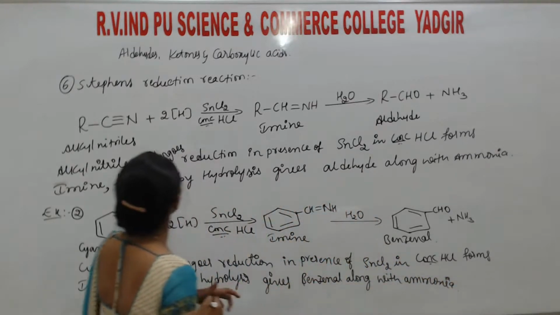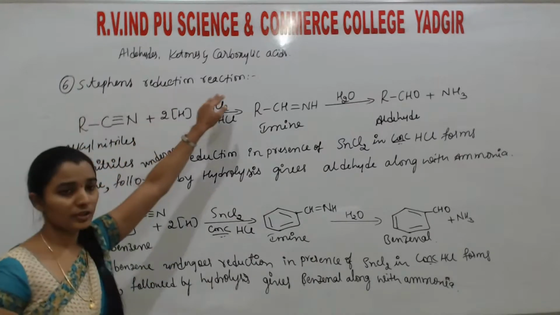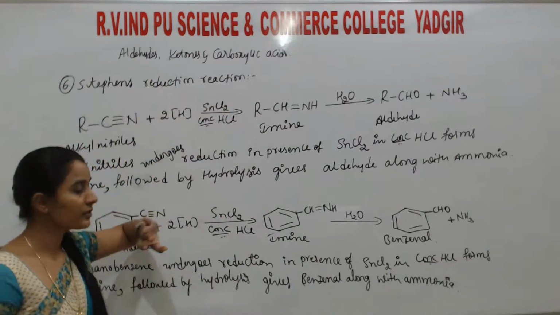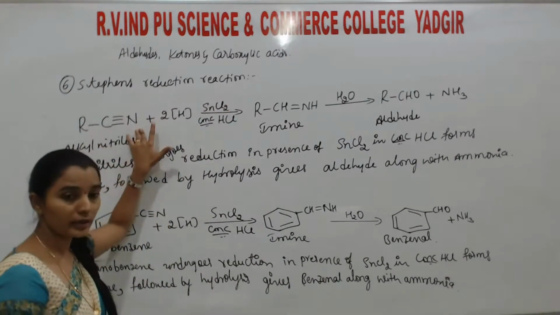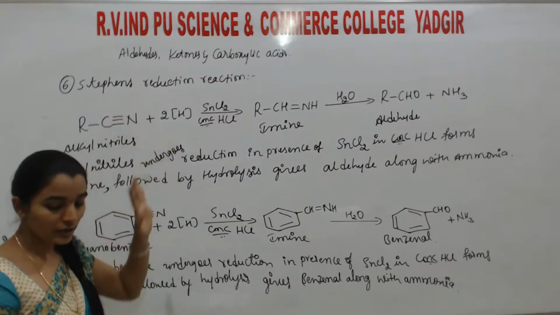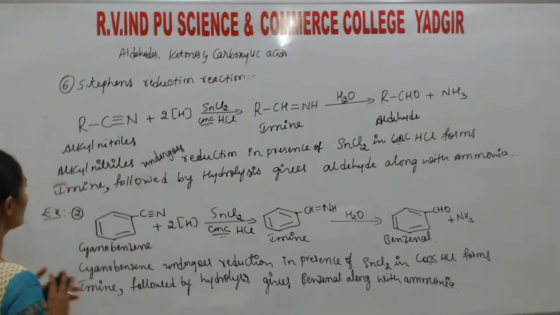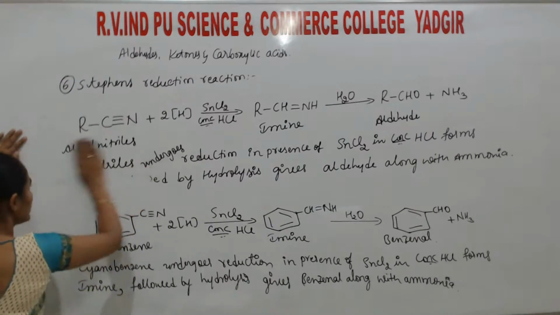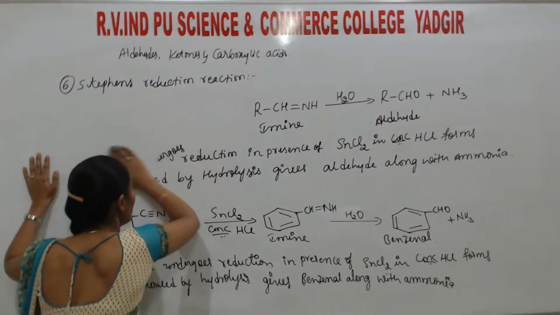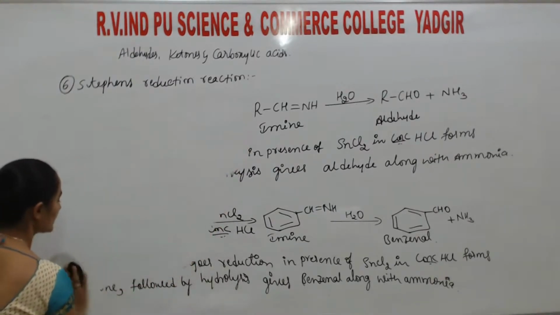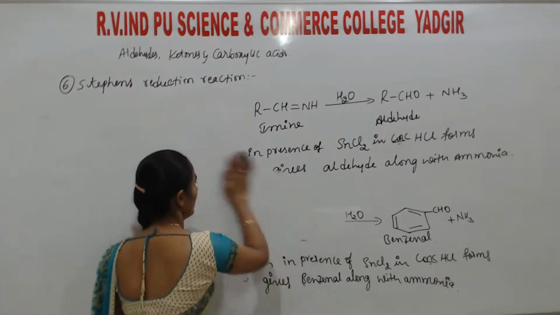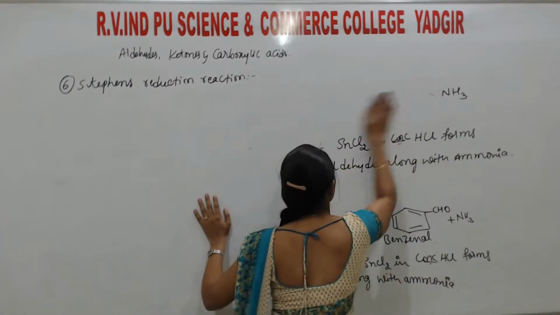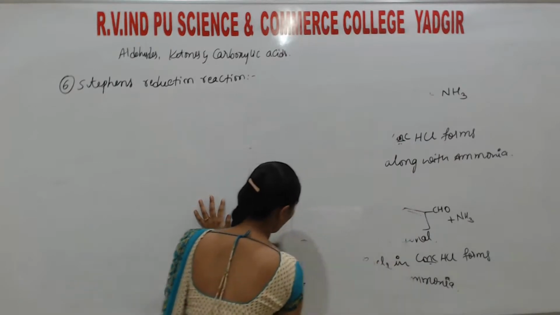So this is all about what? Stephen's reduction reaction. In Stephen's reduction reaction, alkyl nitriles are the reactant. So I just replace what are the reagents here. I'll simply write one key concept for you. Today I did 4 reactions.